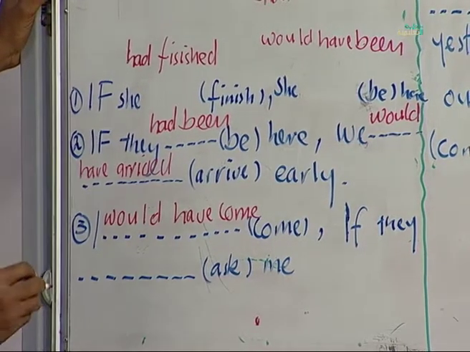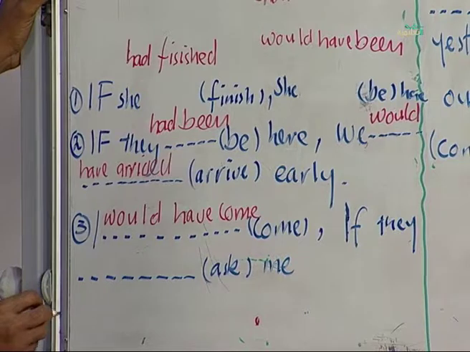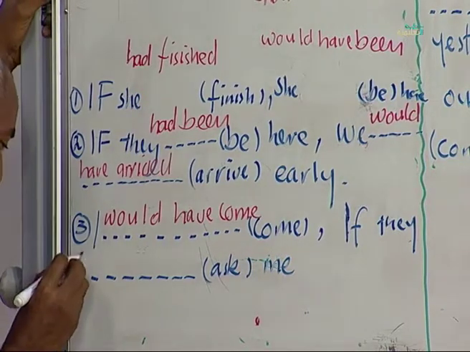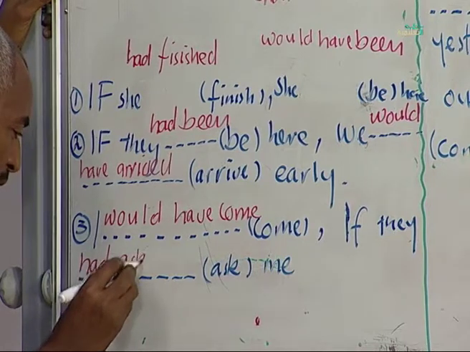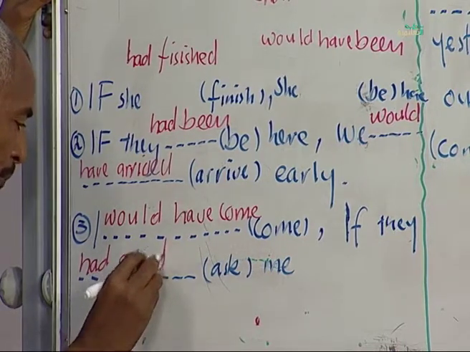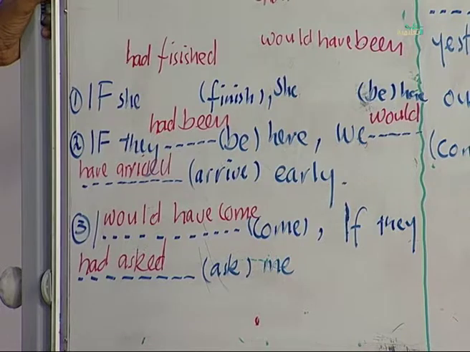I would have come if they had asked me. If they had asked me. As you see, this is conditional type 3, or F3.